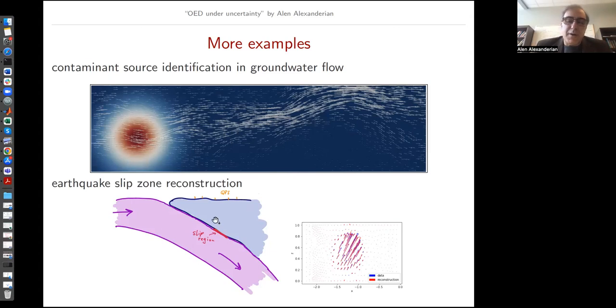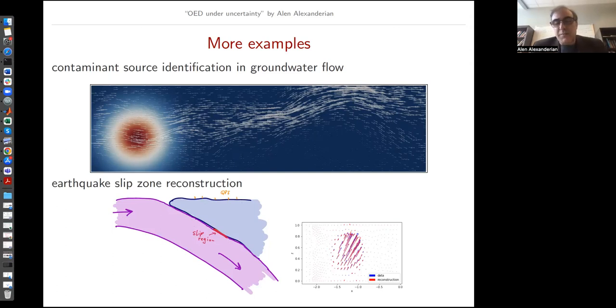In this particular example of an inverse problem, you take GPS measurements of the displacement on the ground at the top to estimate where the slip region was. As you see, these are examples of inverse problems. These are all governed by PDEs. This last one will be governed by linear elasticity in the simplest case.